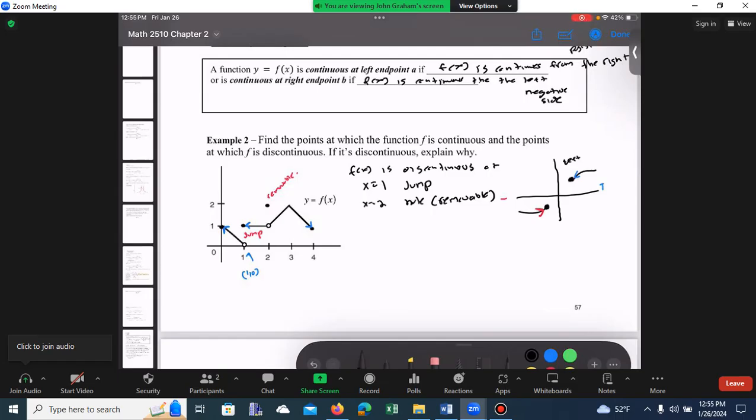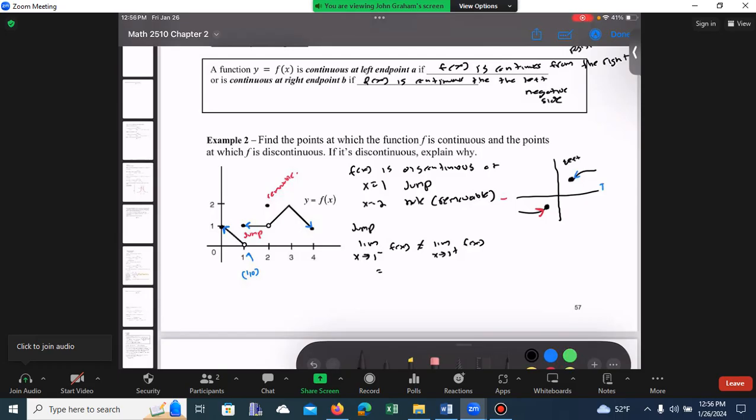For the jump, the limit as x goes to 1 from the negative side does not equal the limit as x goes to 1 from the positive side.